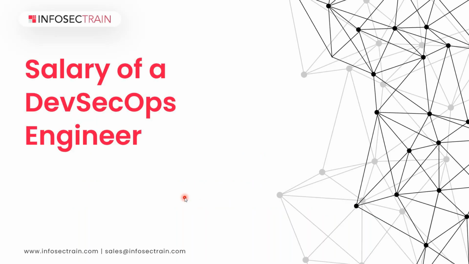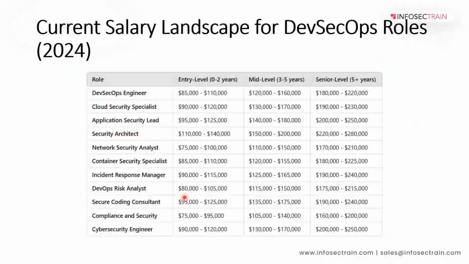So let's discuss the salary as well, because we all are actually working for the paycheck, right? In the corporate world, I'm not an exceptional case in that. This is the salary landscape for DevSecOps roles till 2024.